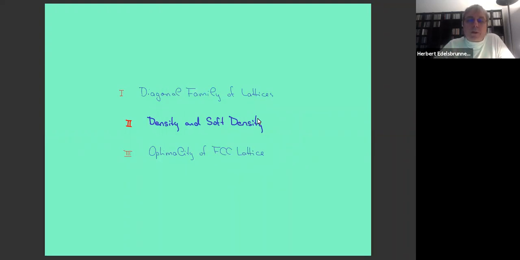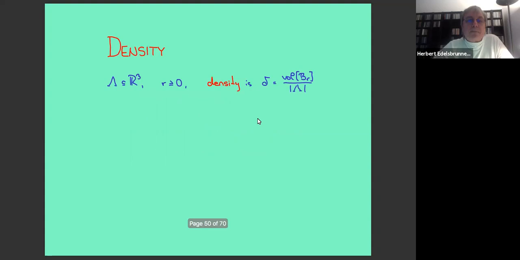And now about density and soft density. Let me first talk about the classical density. So I call my lattice lambda. I have a radius r, which means that around every point of the lattice, I draw a sphere of radius r. They could be overlapping or not. At the moment, I don't care.